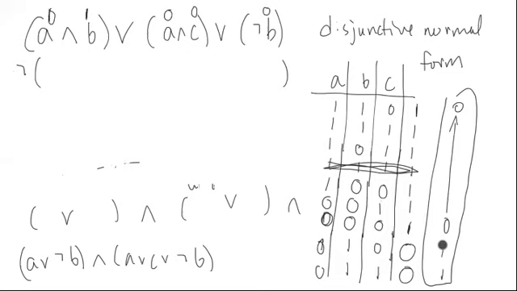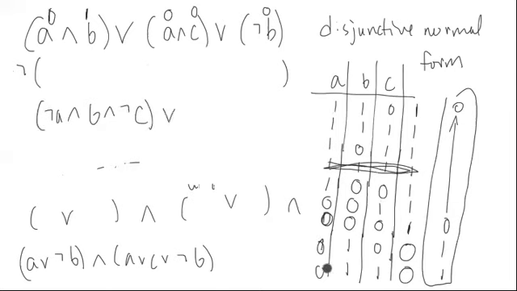Where we see a 1, that's going to be a term in between the ors. So the complement is going to be simply B, and then not A, so not A and B and not C. Okay, so that's going to be one term.